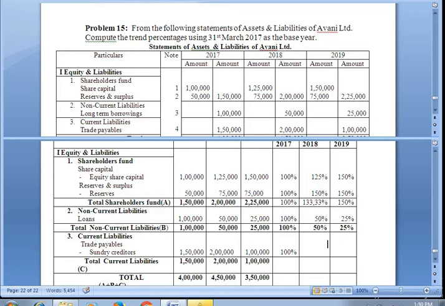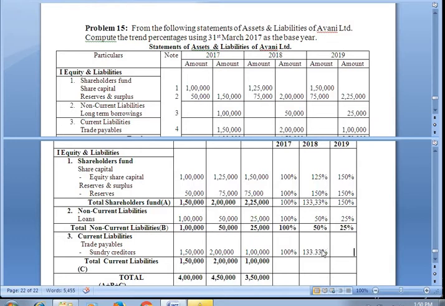For 2019 we have to compare with 2017. 2 lakh divided by 1,50,000 into 100 is equal to 133.33%.